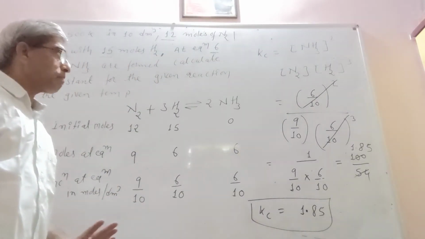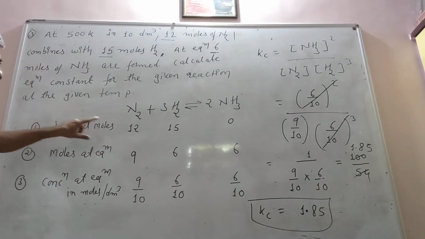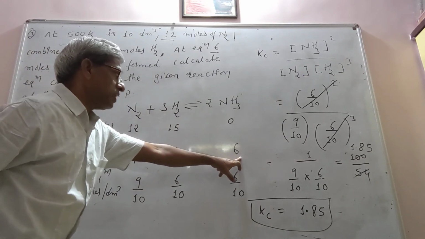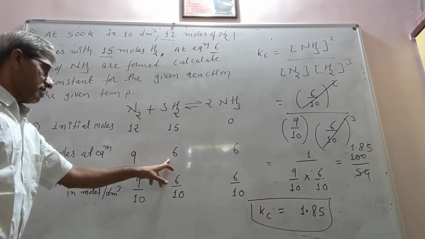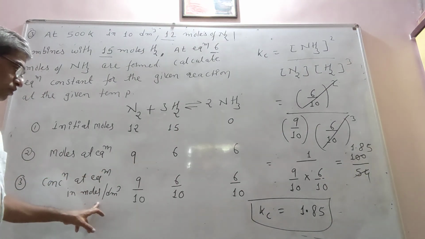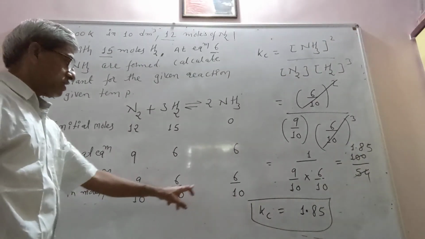I hope, right? I will repeat the same. Initial moles 12, 15, 0. Moles at equilibrium of ammonia are given 6, and from 6 we can calculate these 9 and 6. Concentration at equilibrium in moles per dm cube. Volume is given 10, 9 by 10, 6 by 10, 6 by 10.